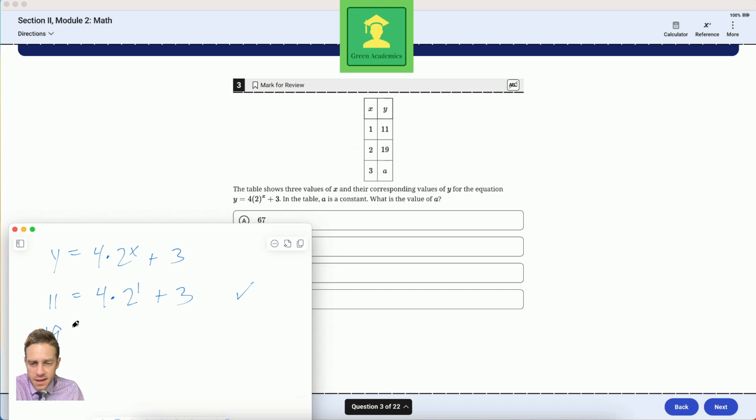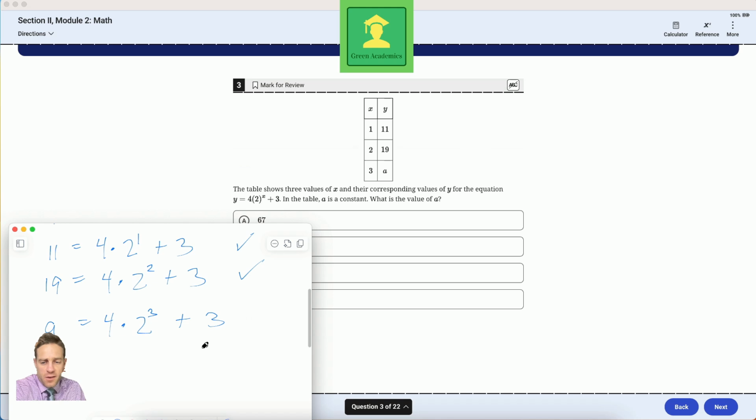And 19 is what you get when you do 4 times 2 to the 2 plus 3, as in 4 times 4 is 16 plus 3 is 19, yes. So now it should be that a is what you get when you do 4 times 2 to the 3 plus 3. So that's 4 times 8 is 32 plus 3 is 35.